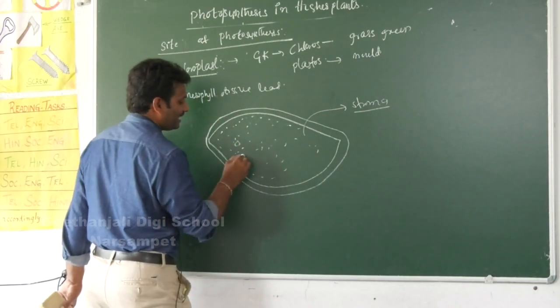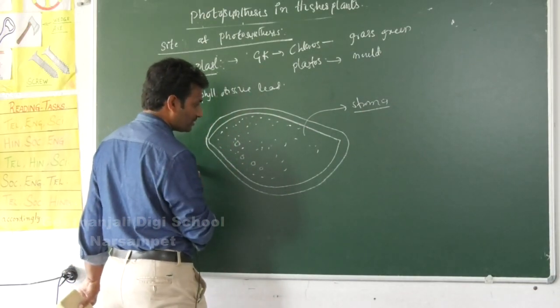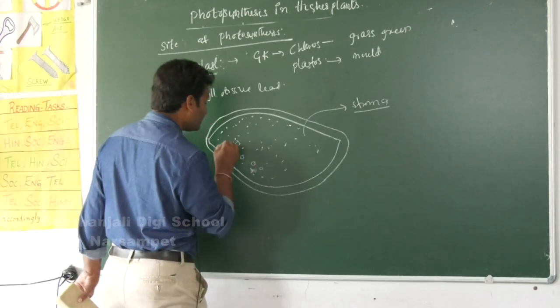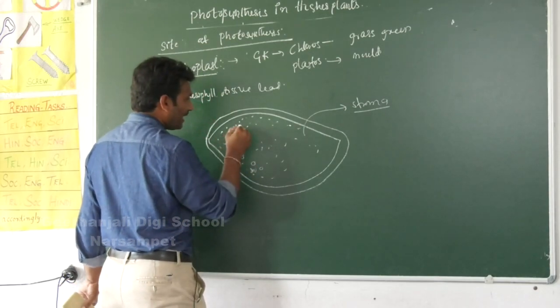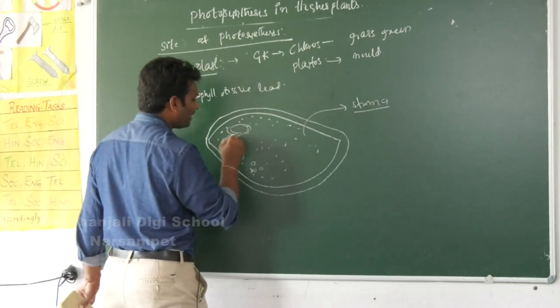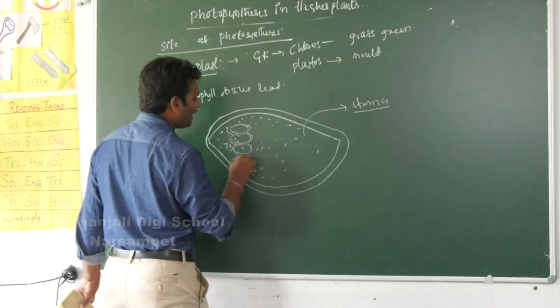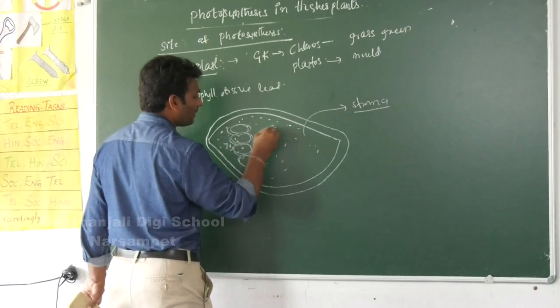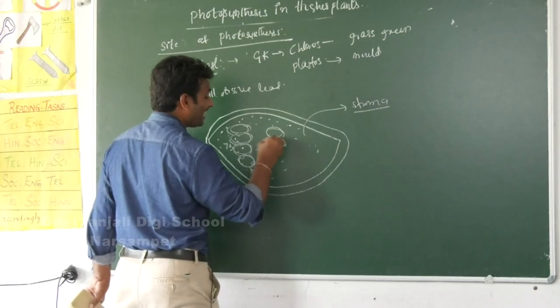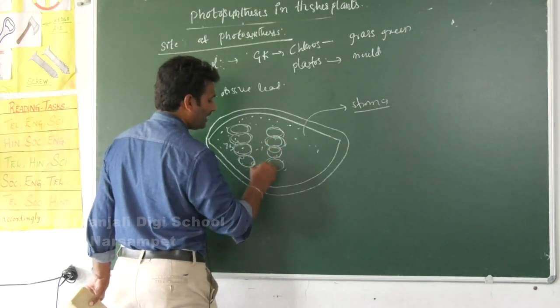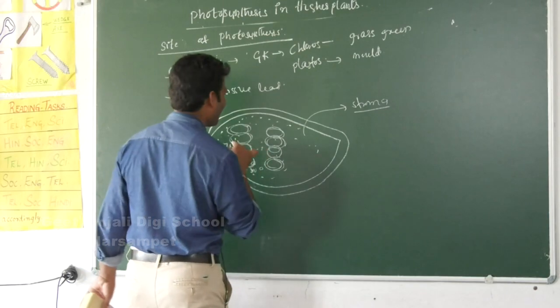This stroma contains some granules, some DNA, and 70S type ribosomes. Along with that, there is one more membrane formed as piled rounded bodies. These piled rounded bodies are known as granum, and each one is known as a grana thylakoid.